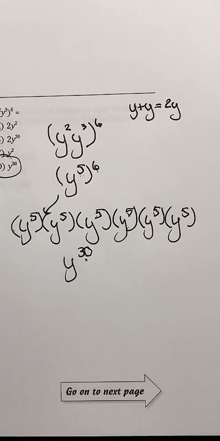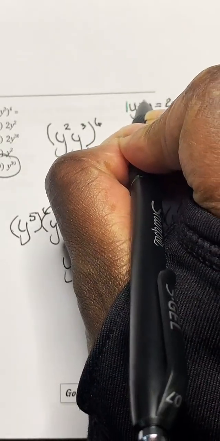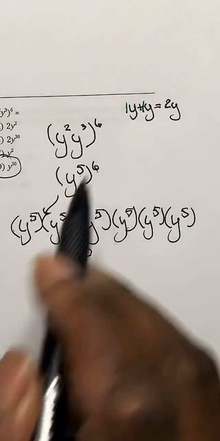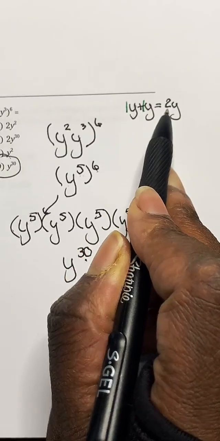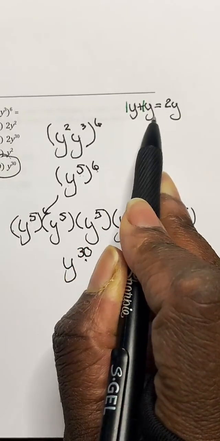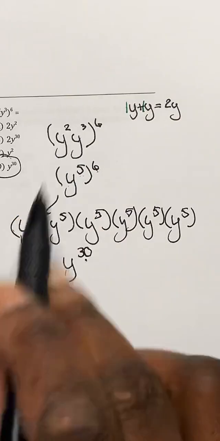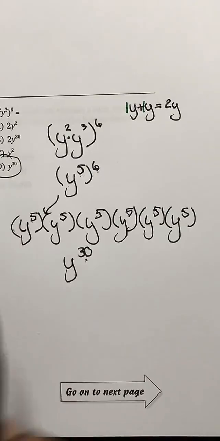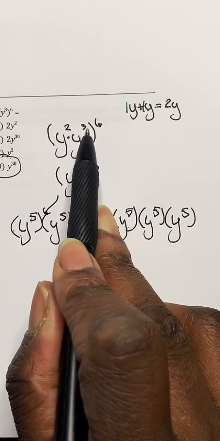The reason is that the coefficients, the numbers in front of the variable, are assumed to be 1. So if I'm adding, I'm going to add 1 plus 1. That's where the 2 comes from, and they both have the same base, so that's why that y is going to be there. But since we're multiplying, if you don't see anything, it's assuming multiplication. But in order for us to combine it, we're going to add the exponents.